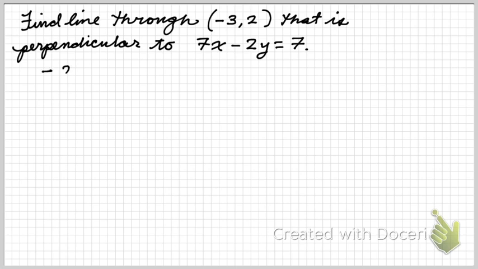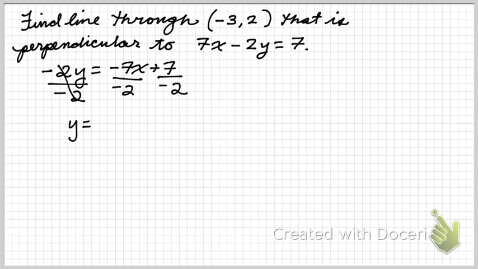Again, I will solve for y by isolating it, and then I will divide by the -2, and y is equal to 7/2x minus 7/2. So I've got this slope of 7/2. So the slope of the perpendicular line is the negative reciprocal, so -2/7.